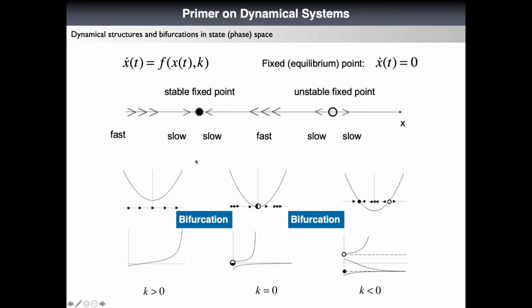All this we can see here also. Now we see the same things we saw earlier. So we have the flow on the line, the stable and unstable points, which correspond to the point where the derivative is 0. And we can see now an example of what we call a bifurcation, or a qualitative change in this dynamics.